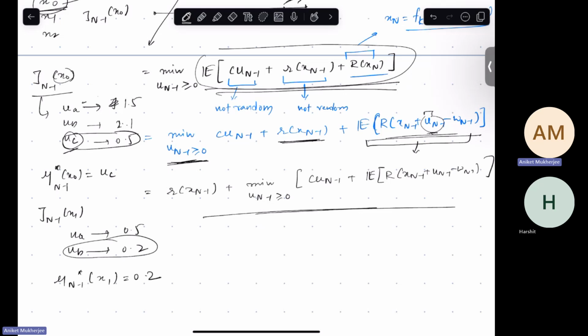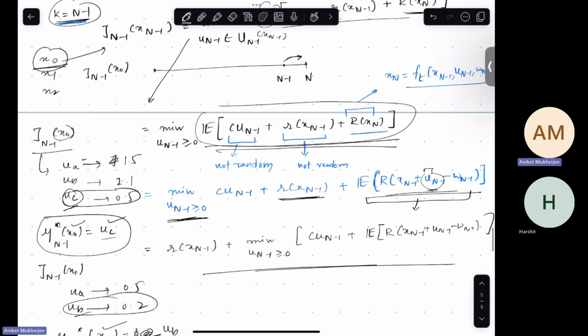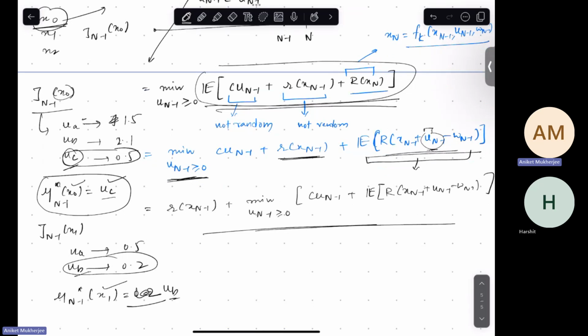So now what you're calculating is, if you're at time n minus 1 and you end up at x0, then choose action C. If you're at time step n minus 1 and you end up at x1, then choose u_b. Choose action B. So basically you're getting the function of mapping from states to the actions at each step. So now this is your optimal for J_{n-1}.